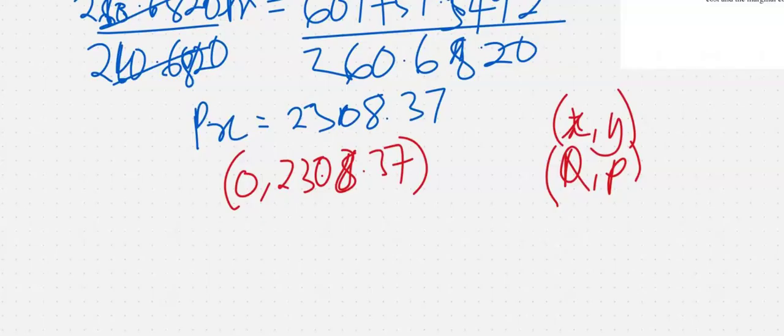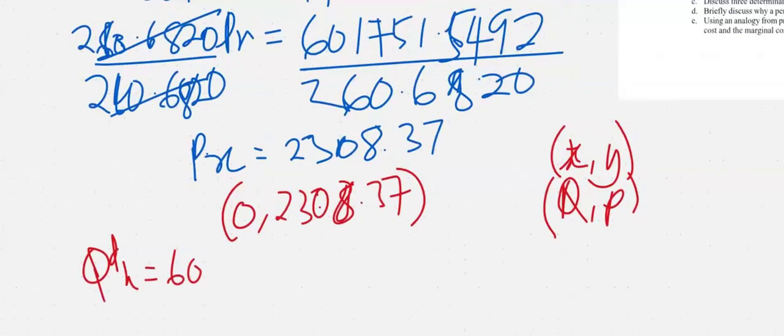So the same equation, which is QDX equals 601751.5492. Very good.